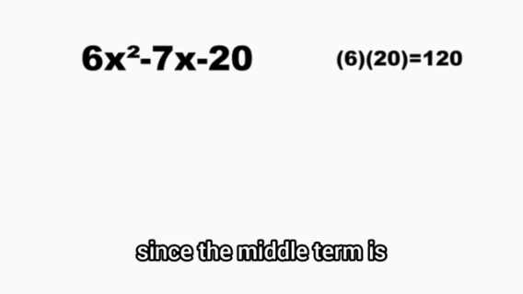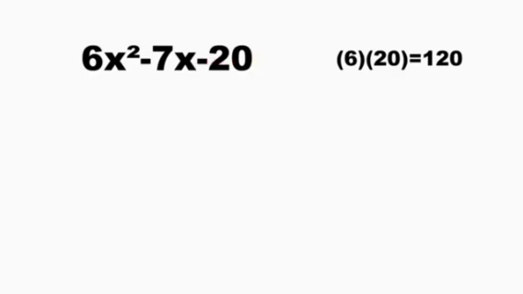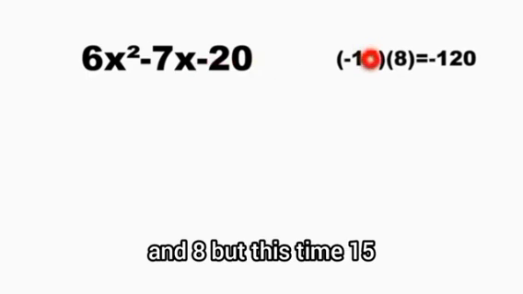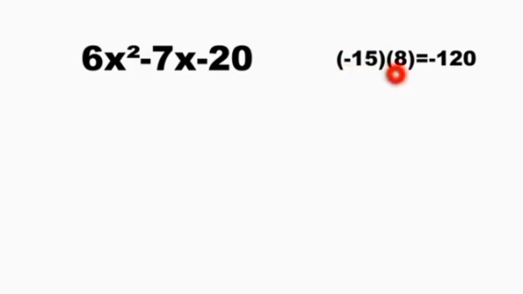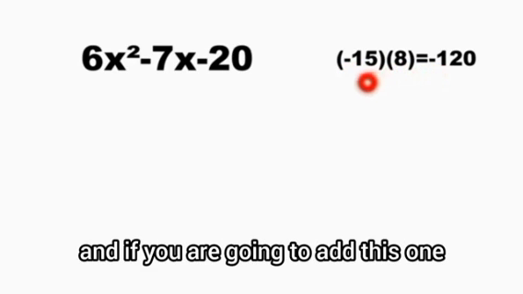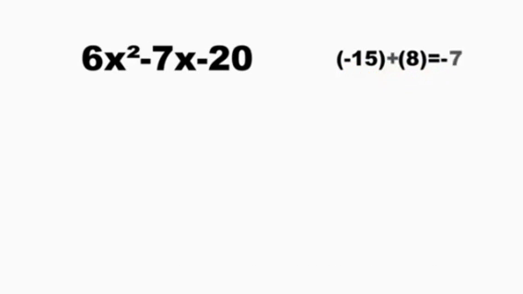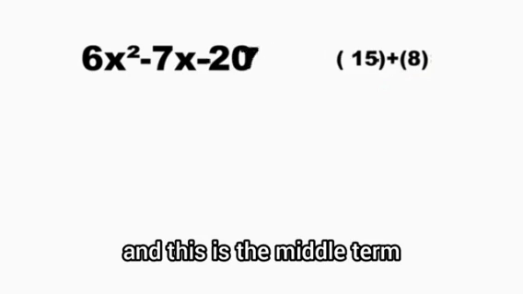And since the middle term is negative and the last term was negative, we have to use 15 and 8, but this time 15 is negative and 8 is positive. So negative 15 times 8 is negative 120, and if you add these, negative 15 plus positive 8 is negative 7, and this is the middle term.